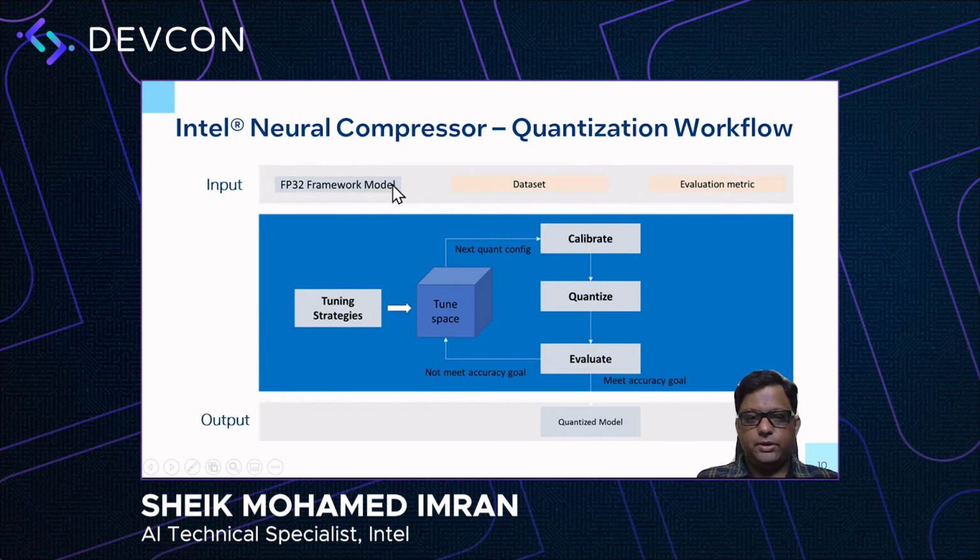And this is going to be in accordance with the dataset, which is also going to be passed as an input to the function that we're going to create for quantizing, right? So once the baseline accuracy is constructed, then there is going to be a default set of configurations for quantizing the model.